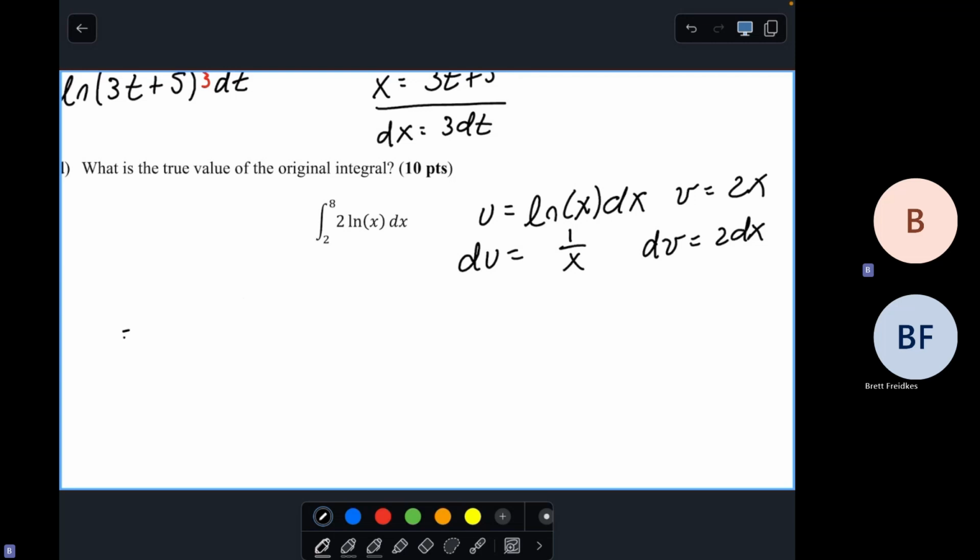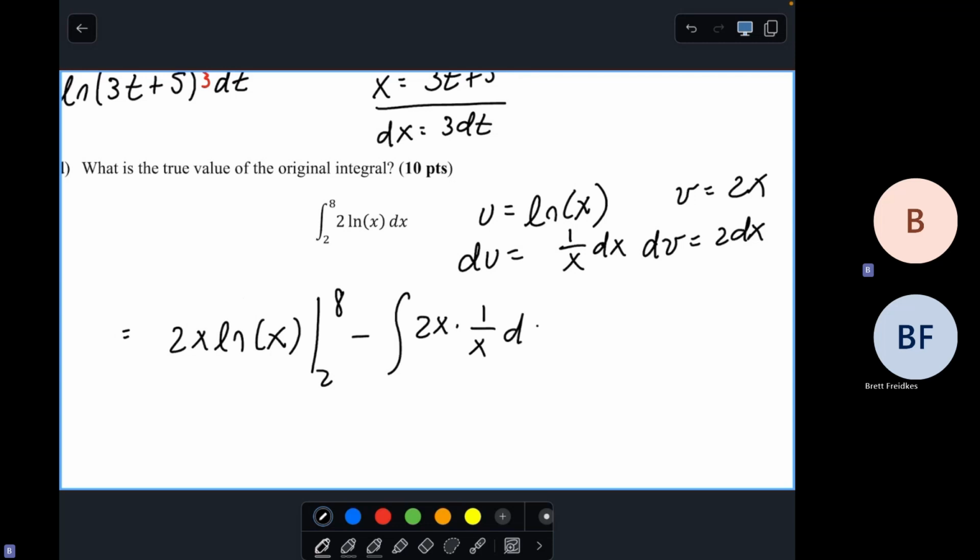So our integral will be, oh, why did I put a dx there? Sorry, that's wrong. Ln x. This is dx. This will be uv. So that's going to be 2x ln x integrated from 2 to 8 minus the integral of v du, which is 2x times 1 over x dx.